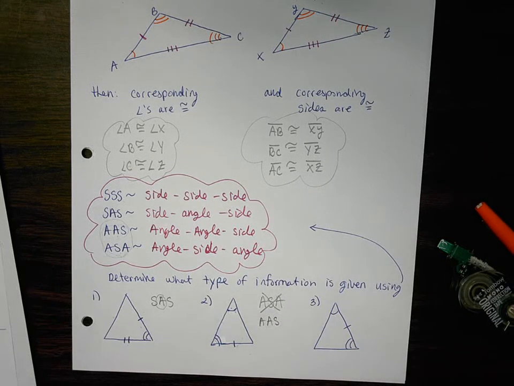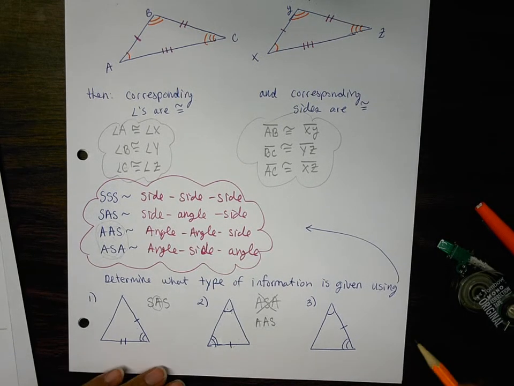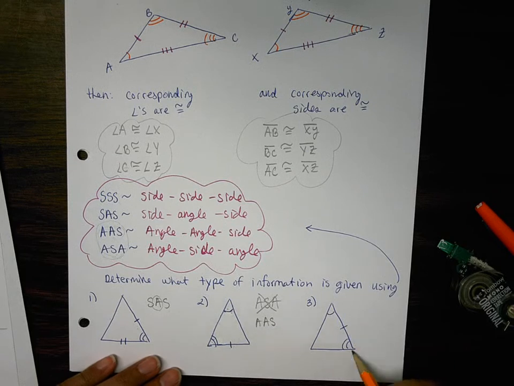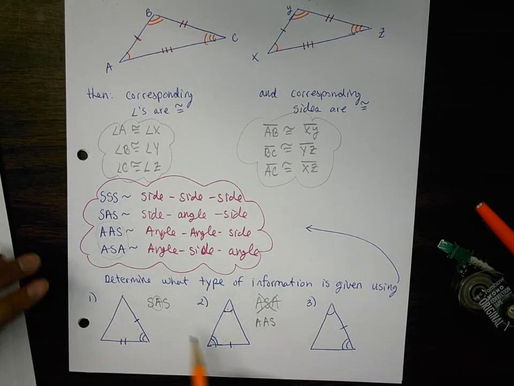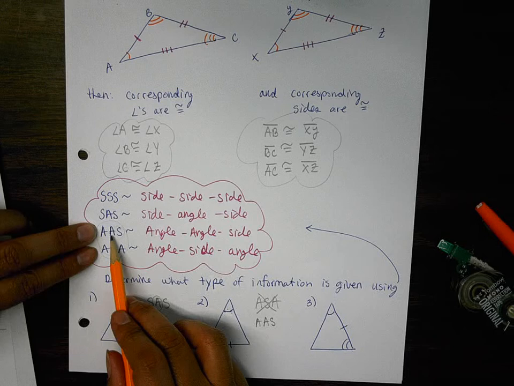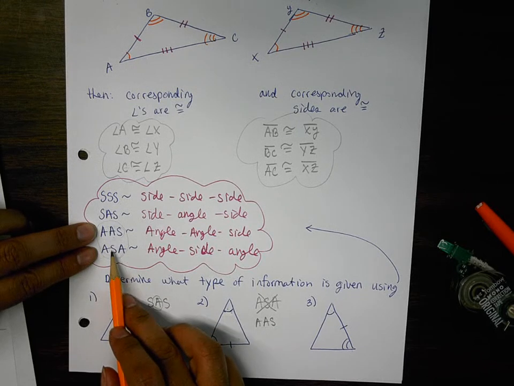Don't do any talking, just write down an answer. So, how many angle markings? 2. How many side markings? So that leaves us again with these 2. Does the order matter?